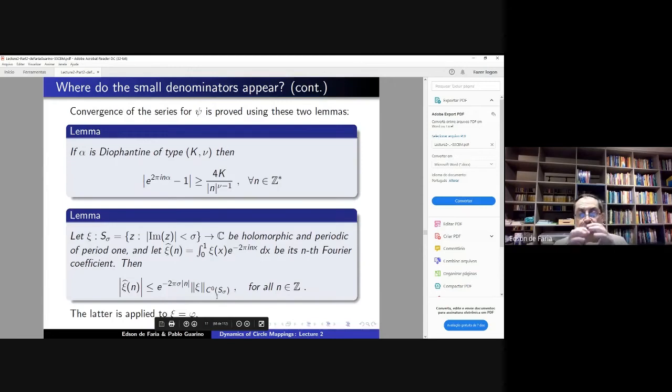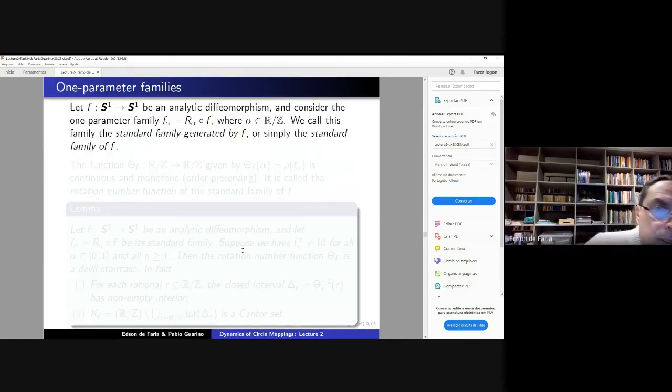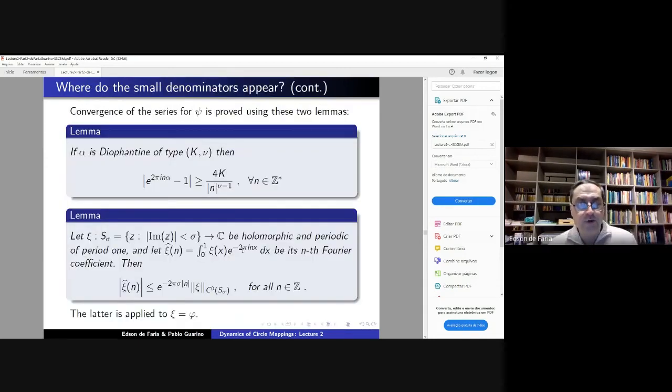So you need a little bit of room to apply Cauchy's integral formula, and therefore you lose a little bit on the height of the strip where things are defined. Okay, so this is this loss of analyticity that I mentioned to you. And once you do that, you have step 1. Now I'm not going to go into any details about how you do step 2, which is really fairly difficult. But like I said, all the details of the proof are given in chapter 4 of our book.